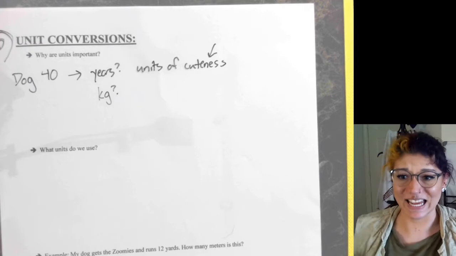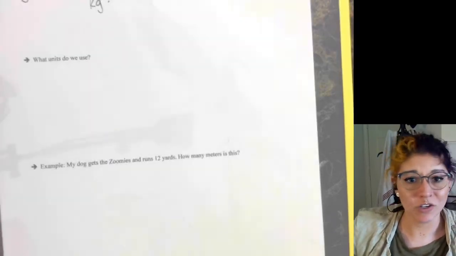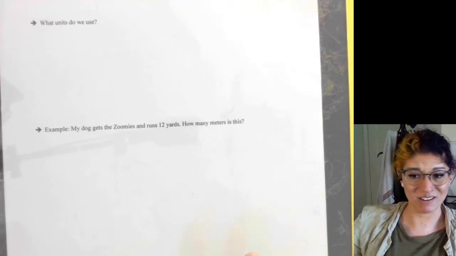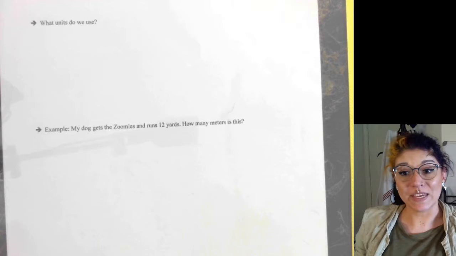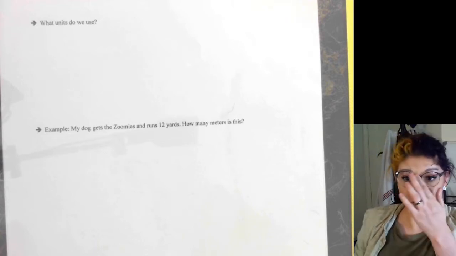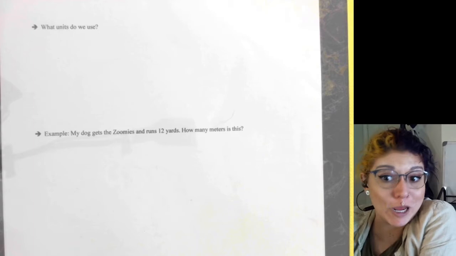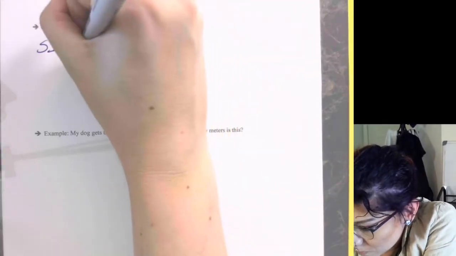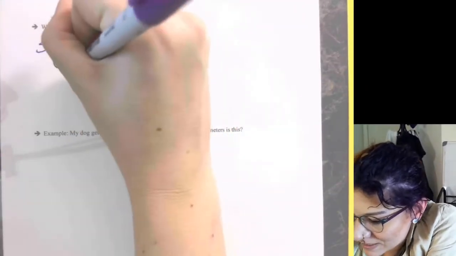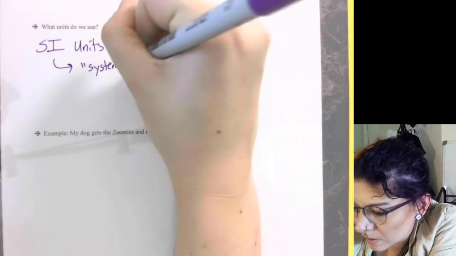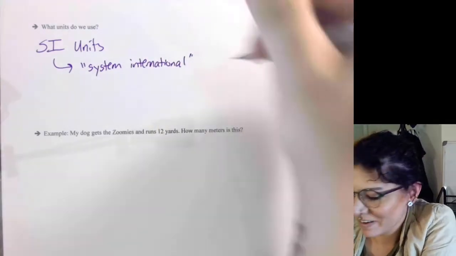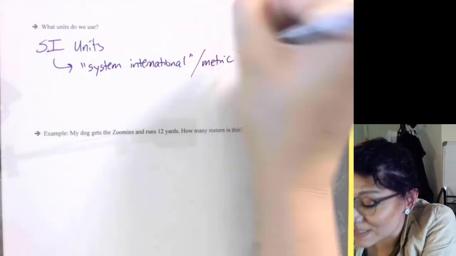What units do we use then? Like, how do we decide which base unit is the correct one? The answer to that is that scientists, in general, decided that the SI units, so SI stands for System International, also known as the metric system.